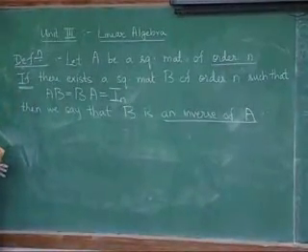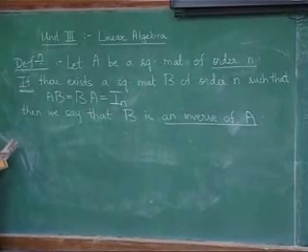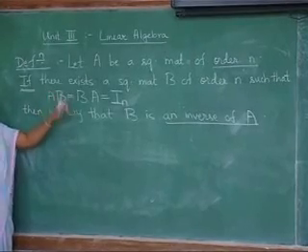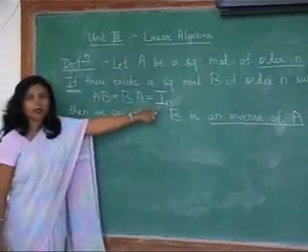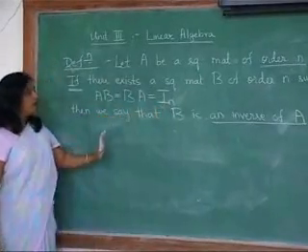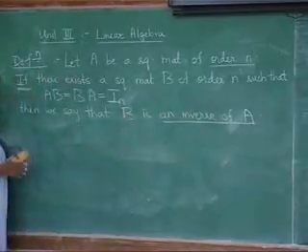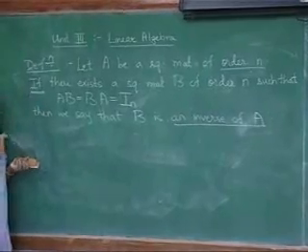So, if I can find a square matrix B of the same order for which A into B and B into A, both the products give me the identity matrix of that order, then we will say that B is an inverse of A. Notice that there is this if in the picture.